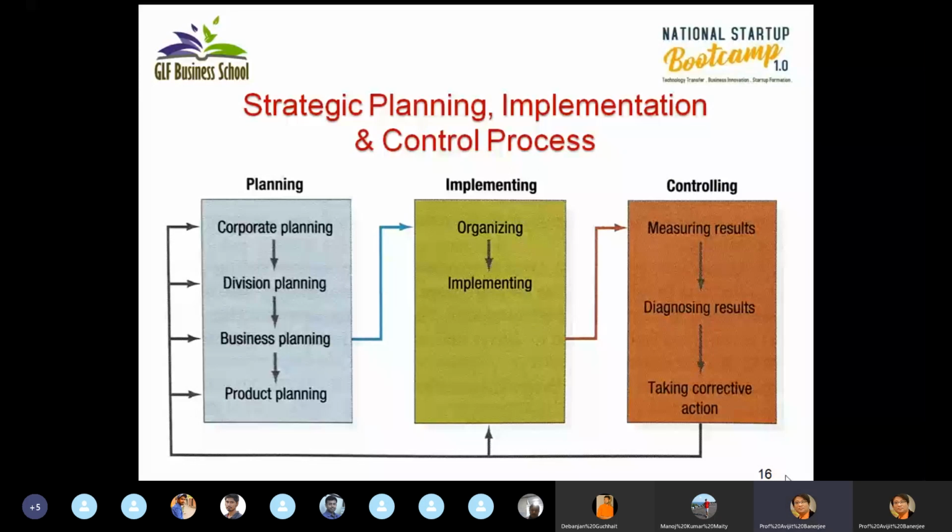The strategic marketing plan lays out the target markets and the firm's value proposition based on an analysis of the best market opportunities.